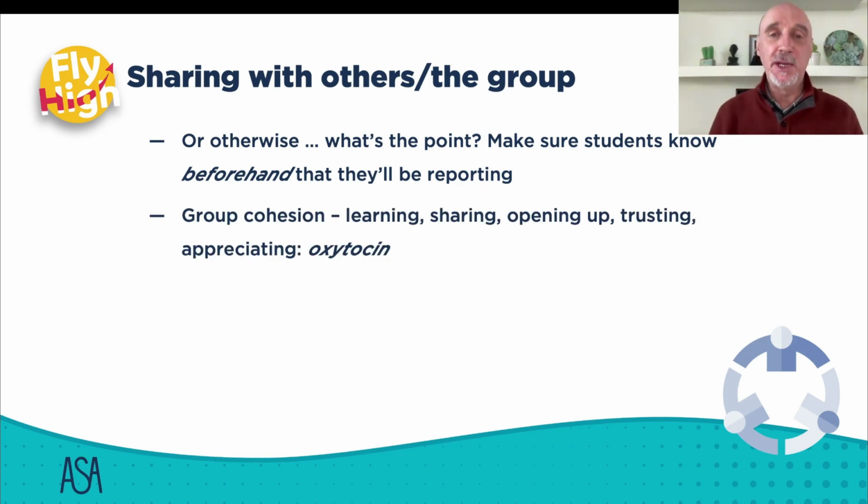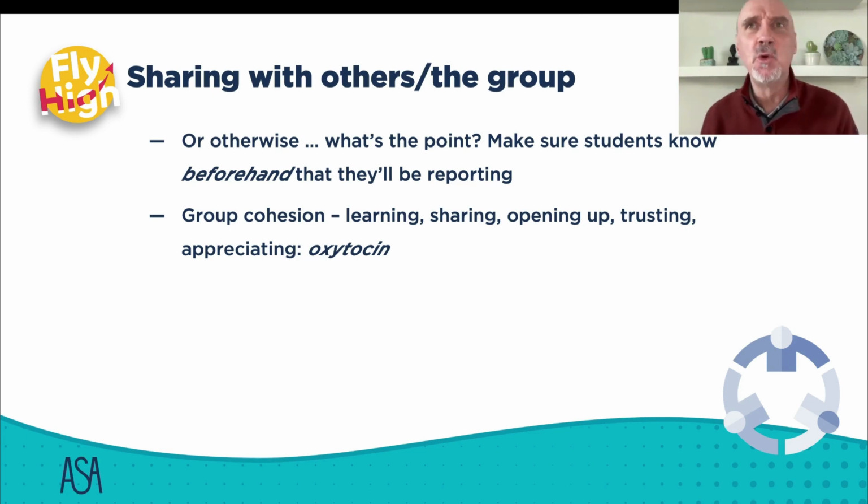Sharing helps the group cohesion. We talked about this, learning about each other, sharing ideas, sharing opinions, opening up something a little bit about you, starting to trust or improving on the trust you have with the other people in the group, appreciating their ideas and listening to them and reacting to them. And as you're doing this, the chemical oxytocin is being produced in the brain.